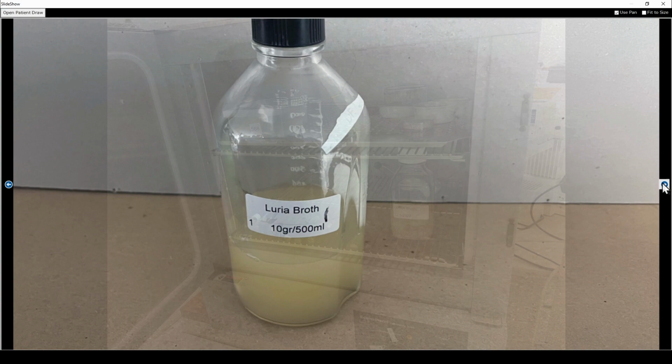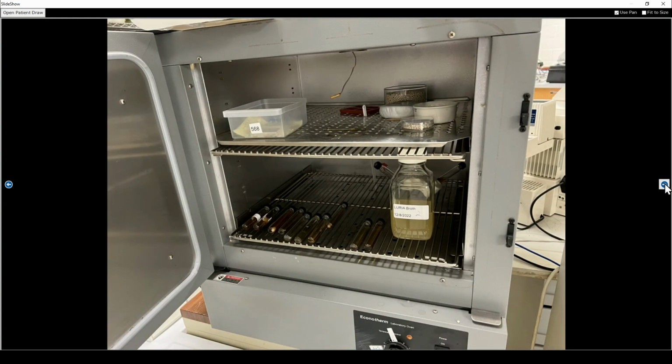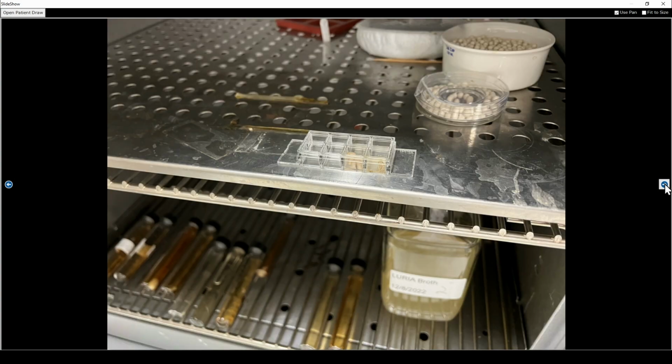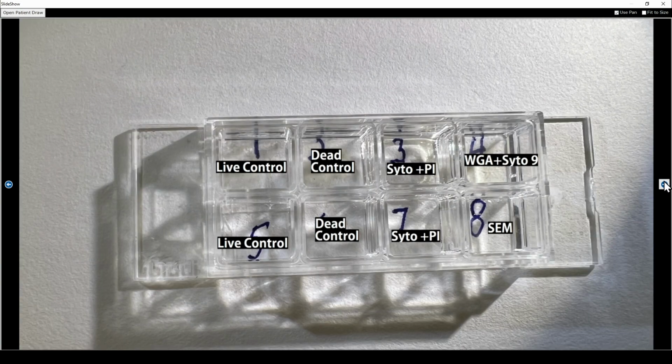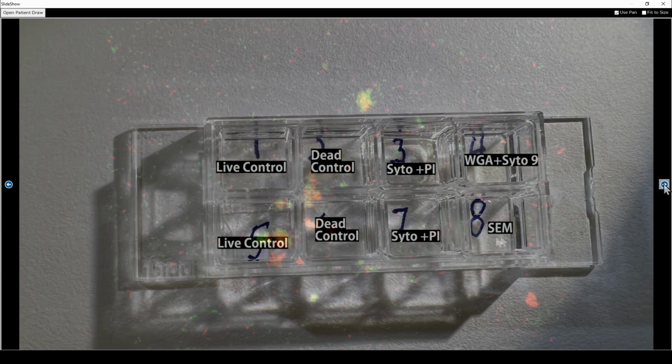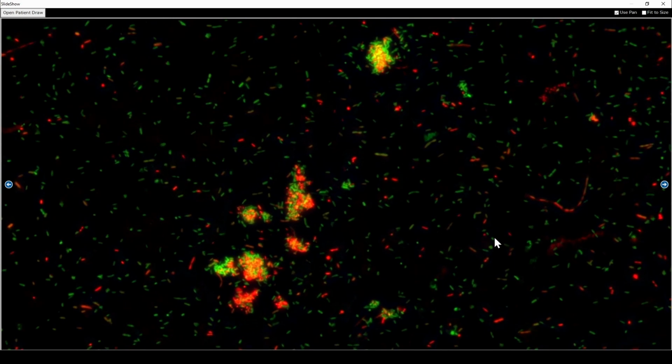There are our oral microorganisms growing in a broth in the oven, and then every so often I replenish the 8-well container with the broth material. It's the same broth that we use to do our testing with live dead stain. So it's the same procedure we use for individual slides.